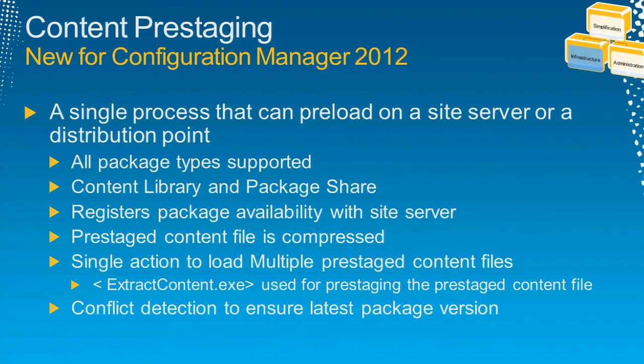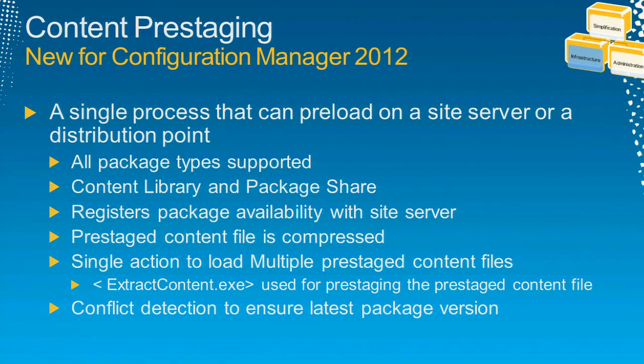It's the indented bullet down towards the bottom, extract content. You run one command that comes with the product called extract content, and it extracts out that content into our content library, and then sends up status saying, hey, I got your pre-staged content. Don't need to send it across the wire now. So very, very easy to create in the console, very, very easy to extract, and very easy process.